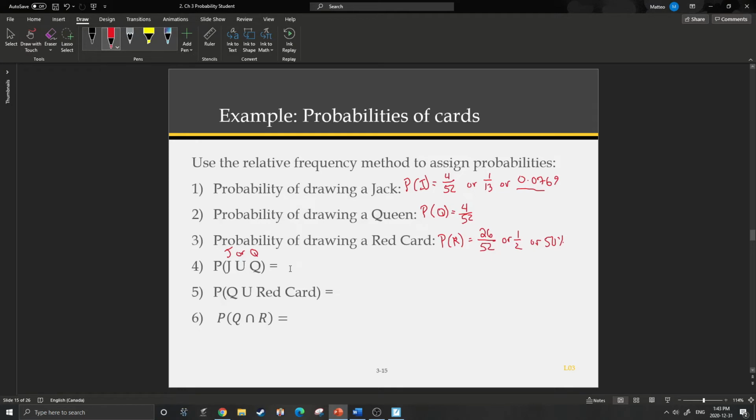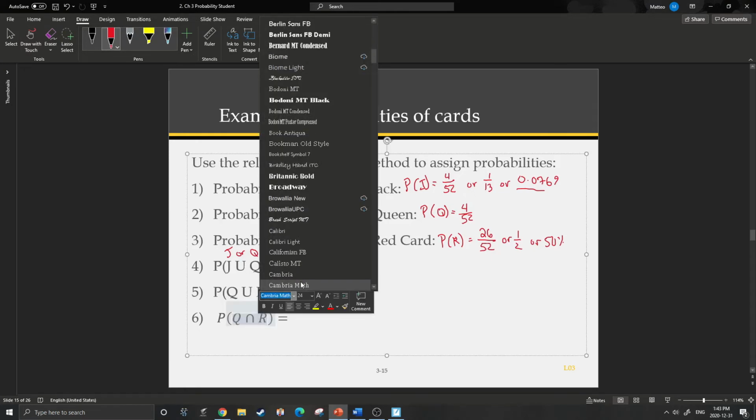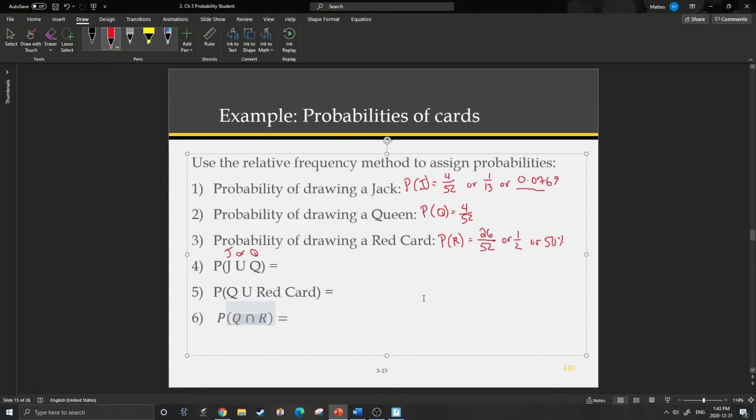So for this one, there's 4 jacks, plus how many queens? There's 4 queens, out of how many total possibilities? 52. So the probability of getting a jack or a queen is equal to 8 out of 52. Again, you can reduce it down, or you can simply leave the answer like that.